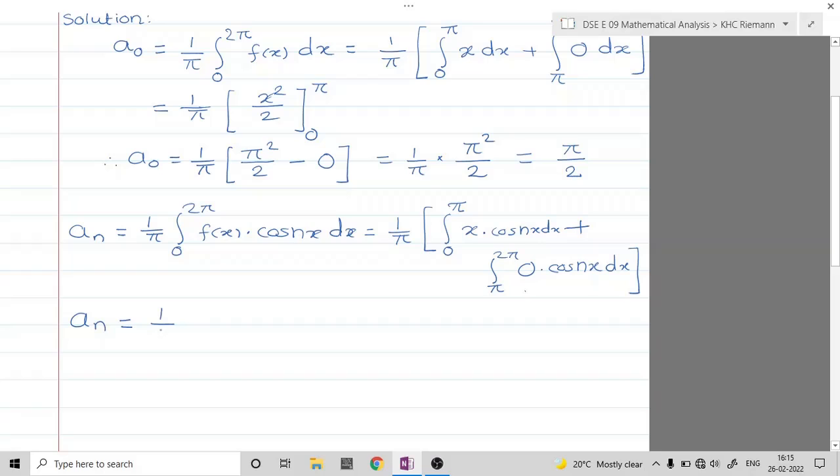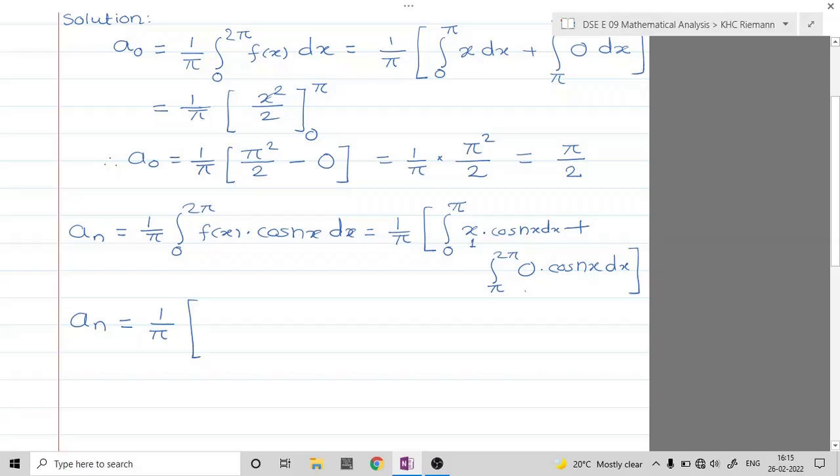So to obtain an, I will have only the first integral, x into cos nx. Again I will use integration by parts, the generalized rule. Now, obviously the derivative of x is 1 and then the derivative of 1 is 0.